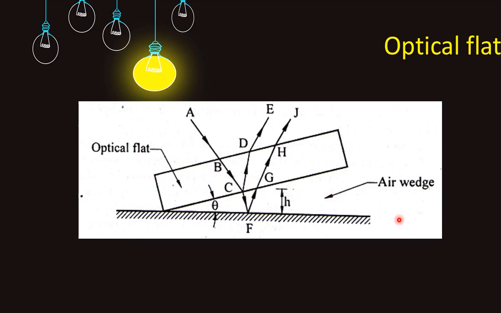The optical flat is now illuminated by a monochromatic source of light. Interference fringes will be observed. We will understand later how the fringes are generated. These are produced by the interference of light rays reflected from the bottom face of the optical flat and the top face of the workpiece.